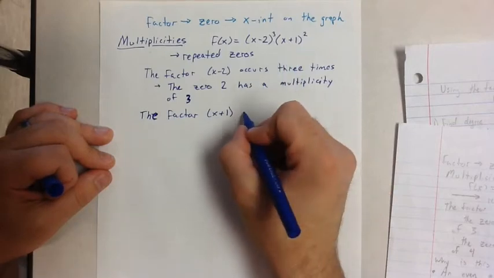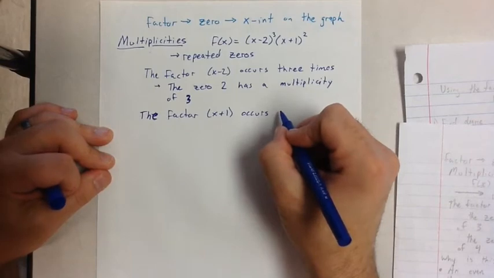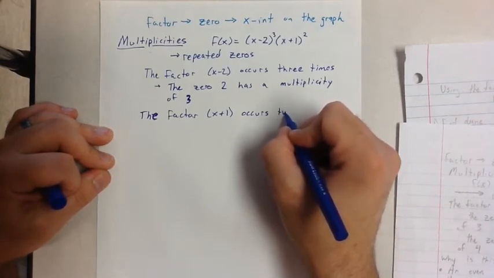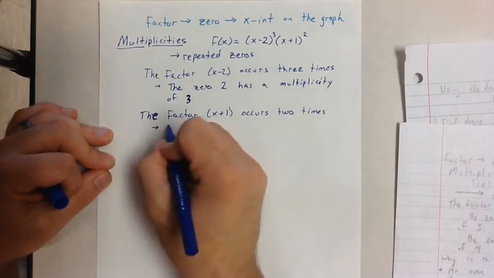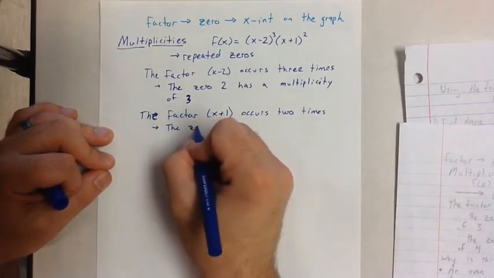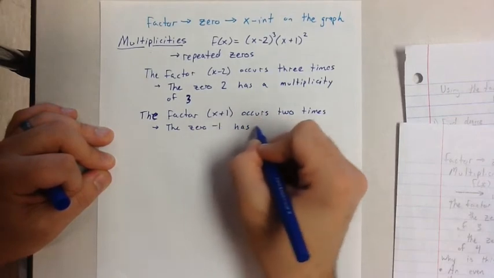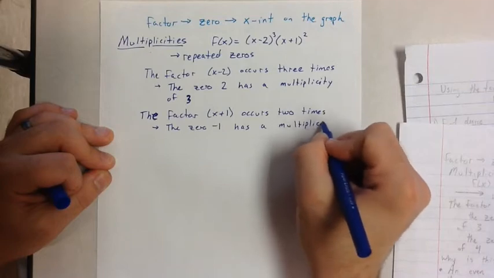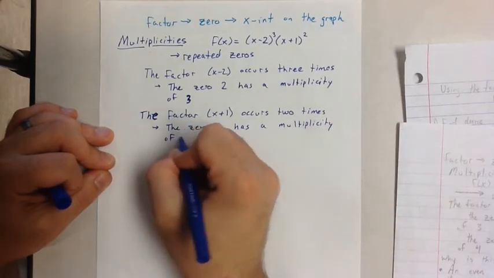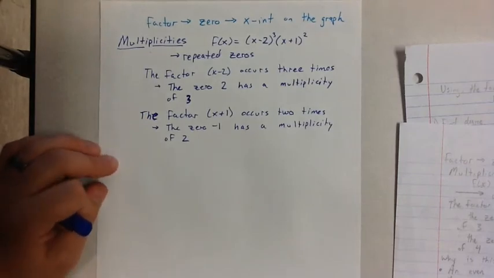In thinking here, you should be thinking that the factor occurs 2 times, which says that the 0, negative 1, has a multiplicity of 2. How'd you do? Did you get it?